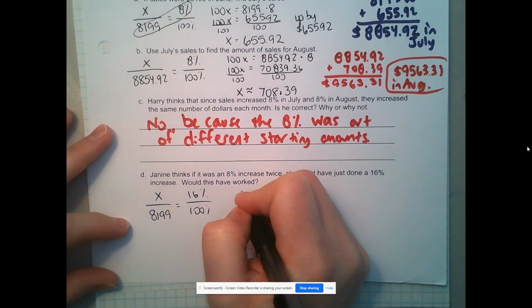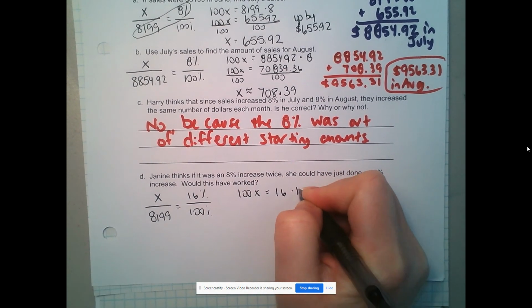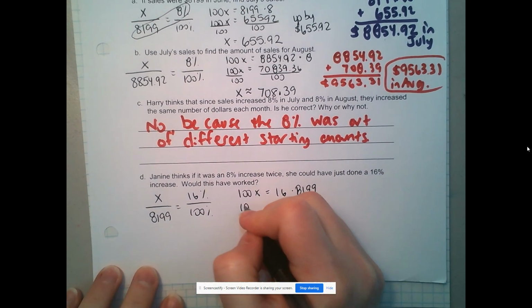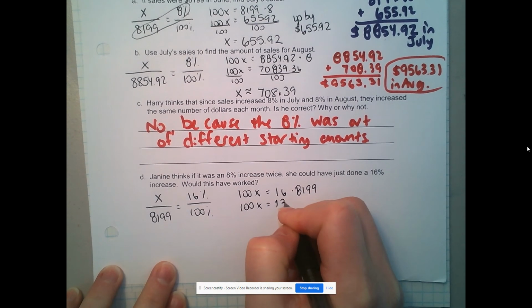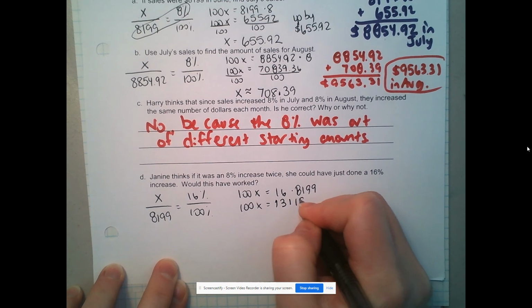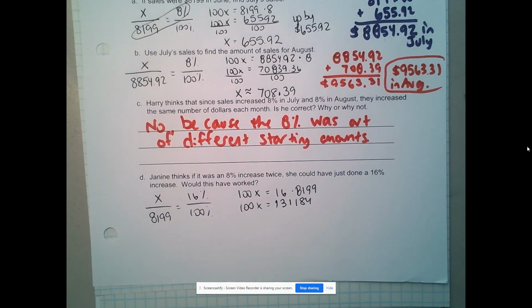Okay, so we would do 100 times X equals 16 times 8,199. So the 16 times 8,199 is 13,184. I don't know if I did that right. Let's see. Yep, I guess so.